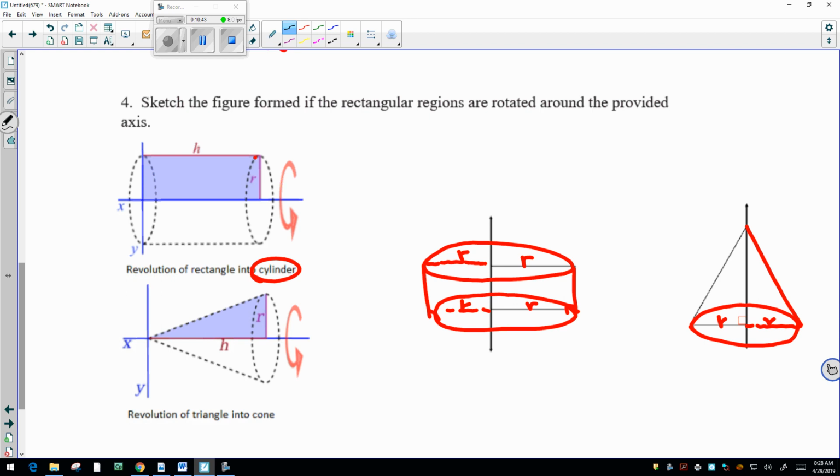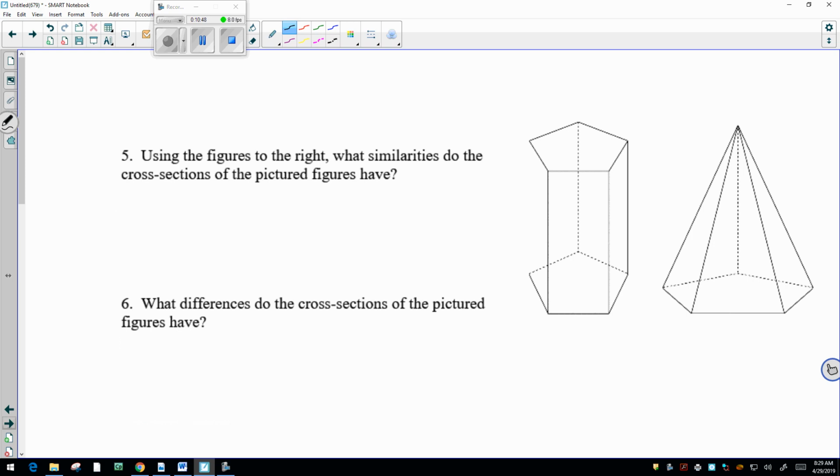Okay, keeping along the lines of this whole cross-section idea, we're taking a look at the figure on the left, which is your prism, and the figure on the right, which is your pyramid. But notice the shape of the base on both of these is that they are pentagons. It says, using the figures to the right, what similarities would their cross-sections have?